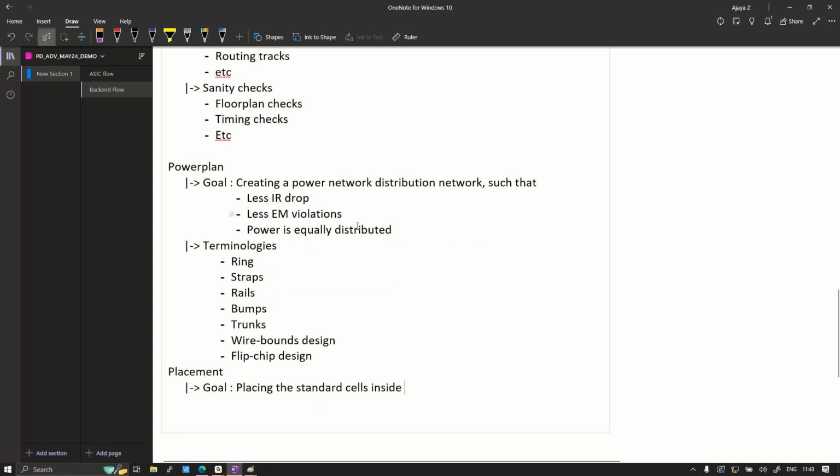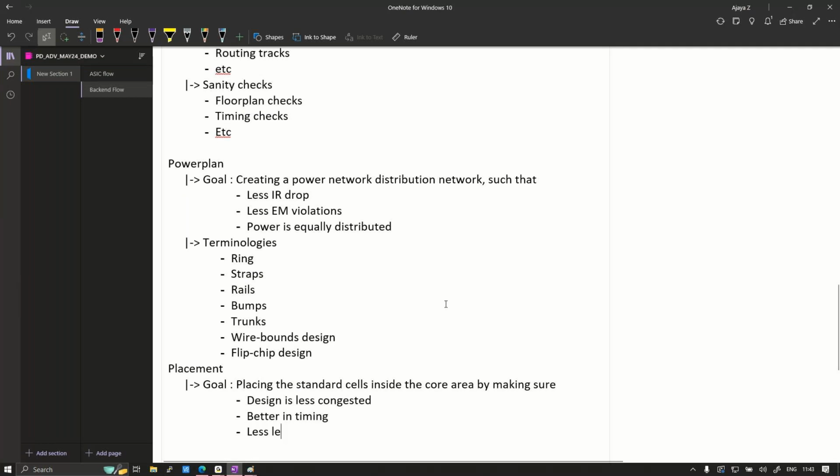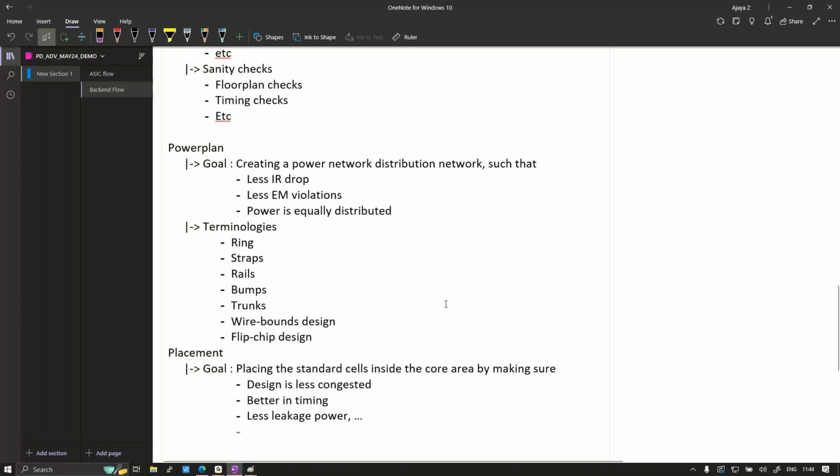Inside the core area, by making sure the design is less congested, better in timing, has less leakage power, and so on. So like that, we will have multiple checks to be done in this placement stage also.